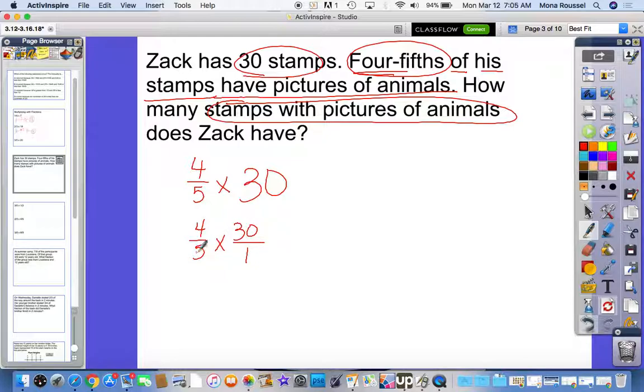But when we cross this way, 5 can go into both 5 and 30. 5 goes into 5 once, 5 goes into 30 6 times. So we multiply across. 4 times 6 is 24. 1 times 1 is 1. 24 is improper. So it would equal 24 stamps have pictures of animals.